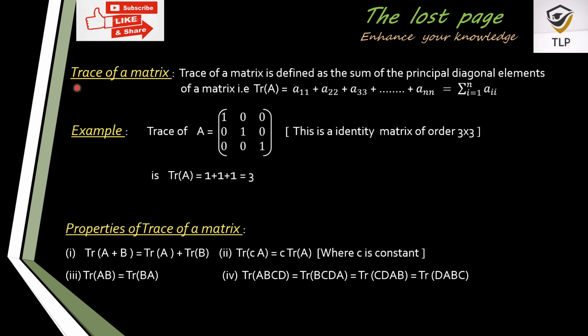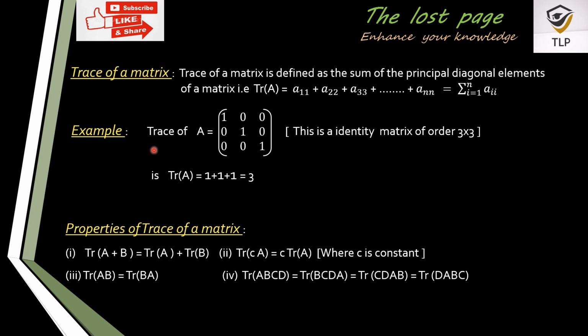Let me start with trace of a matrix. Trace of a matrix is defined as the sum of the principal diagonal elements of a matrix. That is, trace of A equal to a11 plus a22 plus a33 plus ... plus ann, equal to summation over i equal to 1 to n aii.